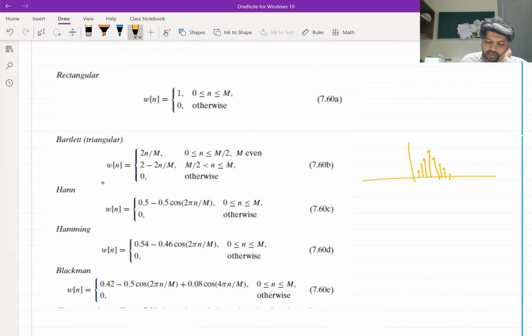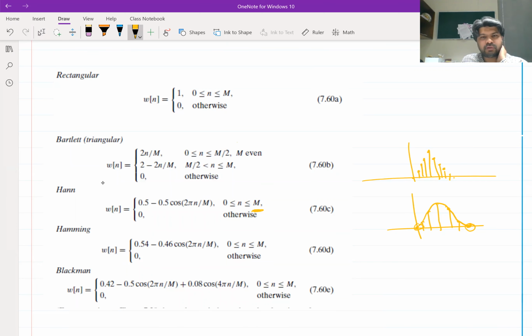Then you have this Hann window, in which you have 0.5 minus 0.5 cosine of 2 pi n over M. So it is something like this. But this Hann window has a problem that for an order of M, for a length of M plus 1, the first and the last taps are 0.